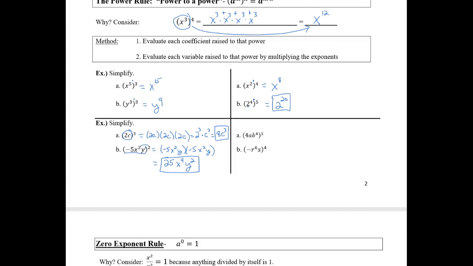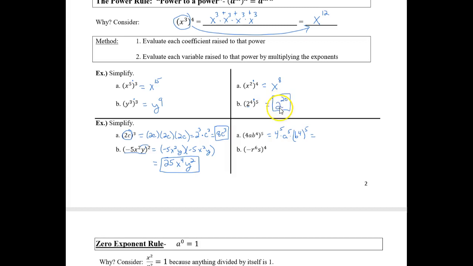Next example, now we have a coefficient. I have 4ab to the 4th to the 5th power. So again, that would mean everything in there is being written 5 times. So I'm taking 4 to the 5th power, a to the 5th power, b to the 4th to the 5th power. Everything is getting the 5th power there. Now 4 is a coefficient here. So in reality, we probably should multiply that out.